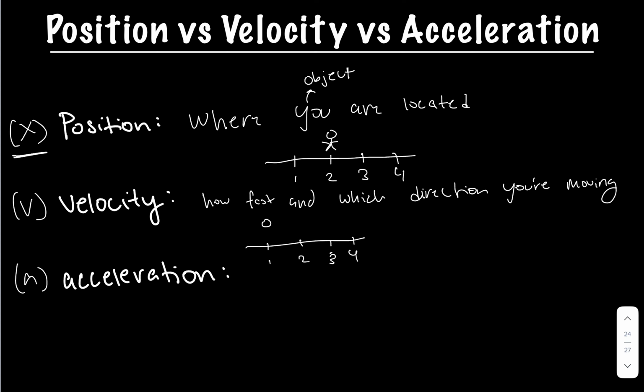Say my guy starts here and he is going to the right at 1 meter per second. So every second, this guy ends up at a new location. All right, and velocity is usually denoted by v.